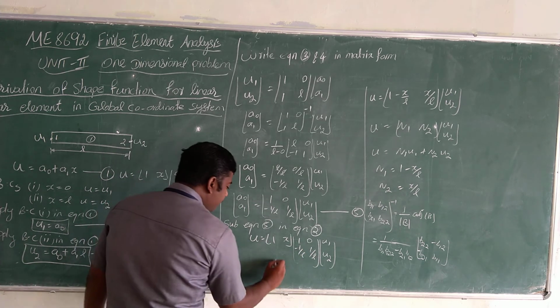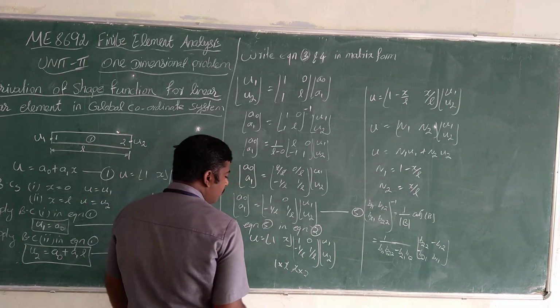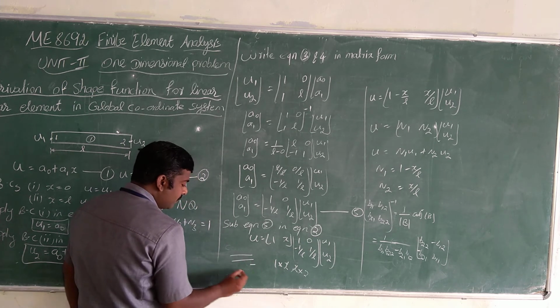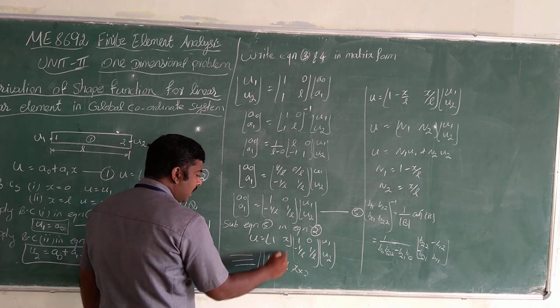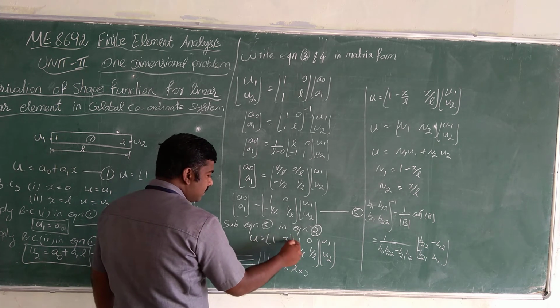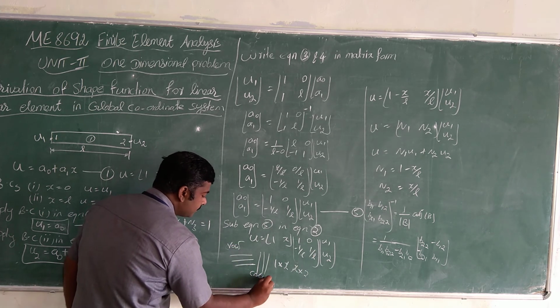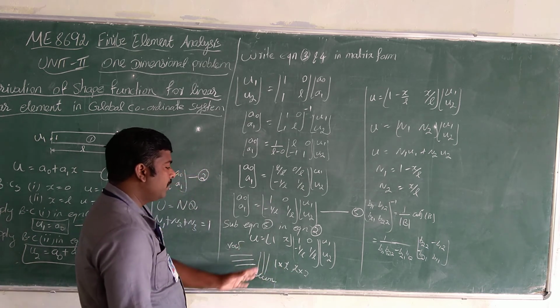Once we multiply a 1 by 2 matrix and a 2 by 2 matrix, we get a 1 by 2 matrix. 1 by 2 means 1 row, 2 columns; 2 by 2 means 2 rows, 2 columns.